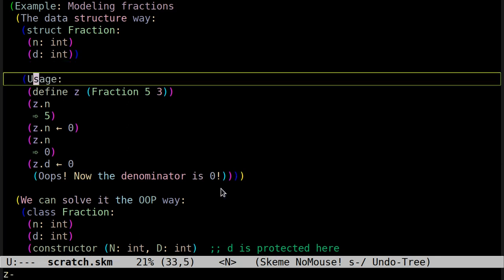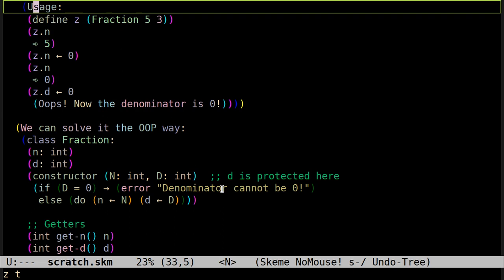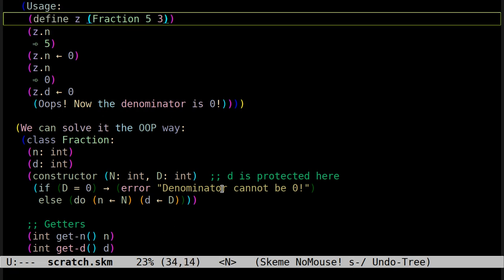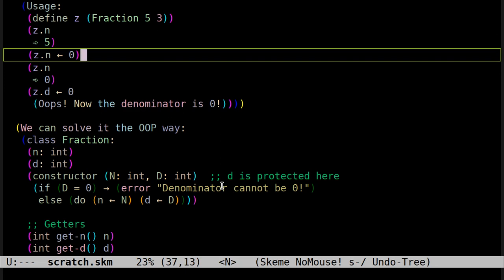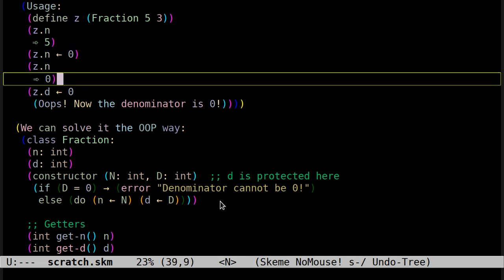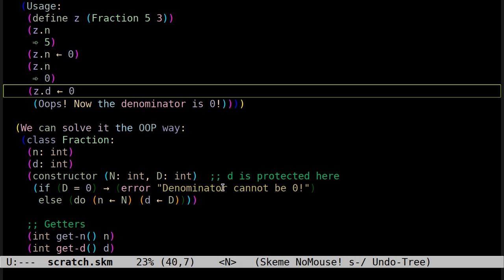The way you use it is that you define z right here to be a fraction of 5/3, and then you access n, and then you set n to 0, and then you access it again, and it changed. But then here's the problem. You set the denominator to 0. What you learn in math class is that the denominator can never be 0, because you cannot divide by 0.